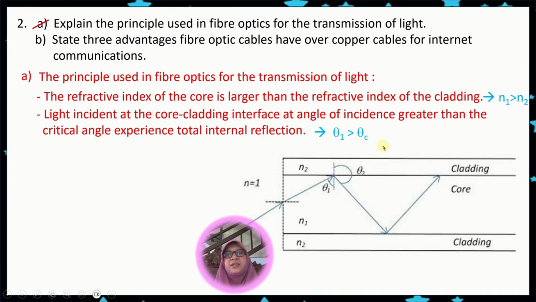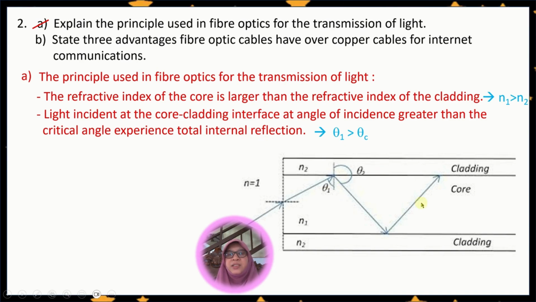Example here theta 1: if theta 1 is larger than theta C, it will experience total internal reflection.